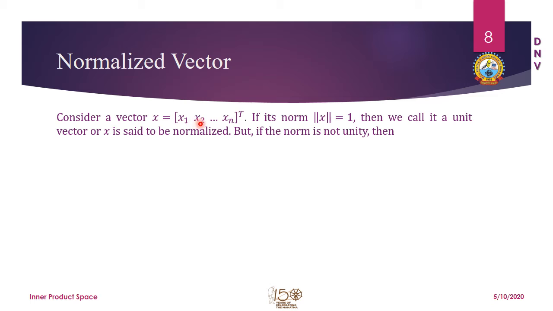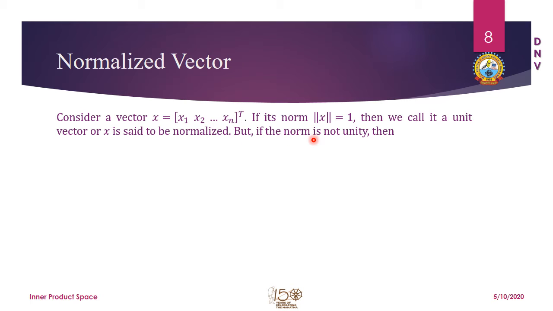These components x1, x2, xn can be any numbers but not all 0. If we have x1 equal to 1 and the rest of the components 0, then it is automatically a unit vector and its norm is equal to 1. So a unit vector is always a normalized vector.